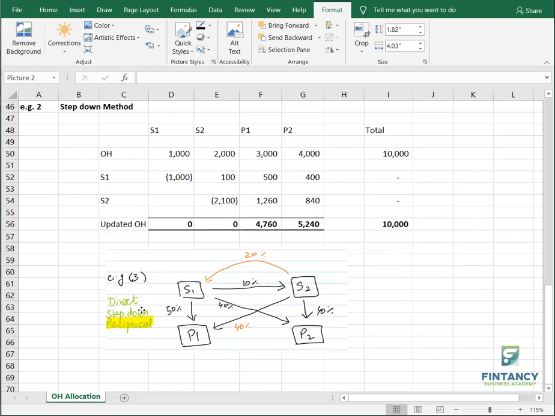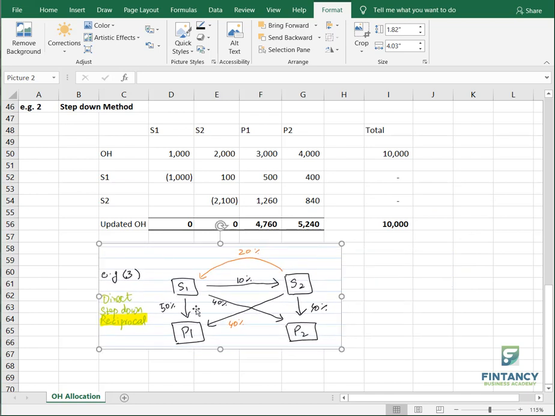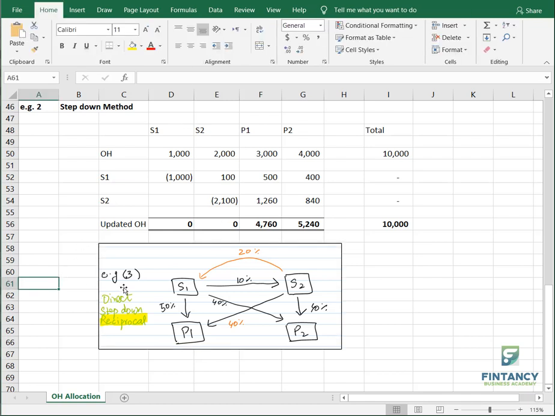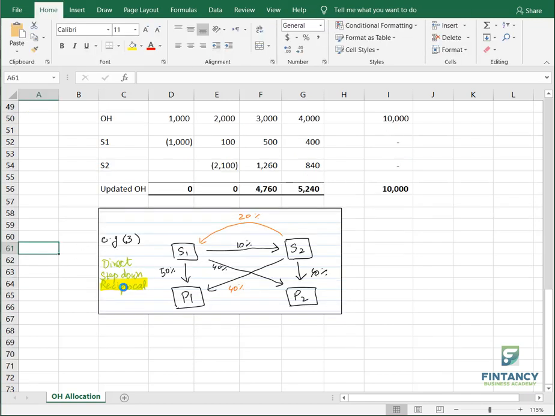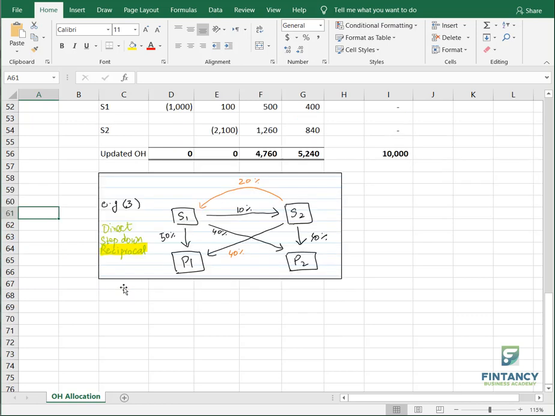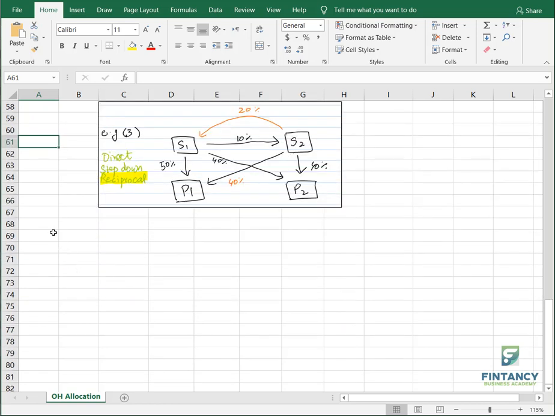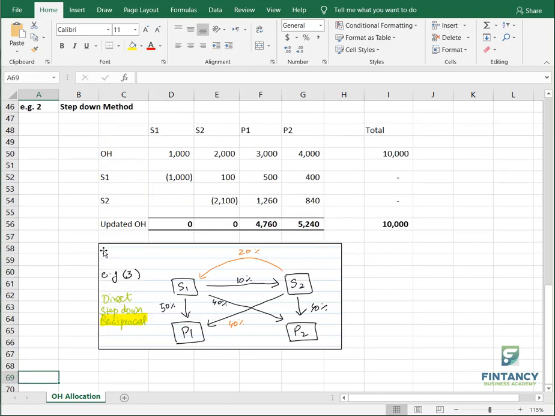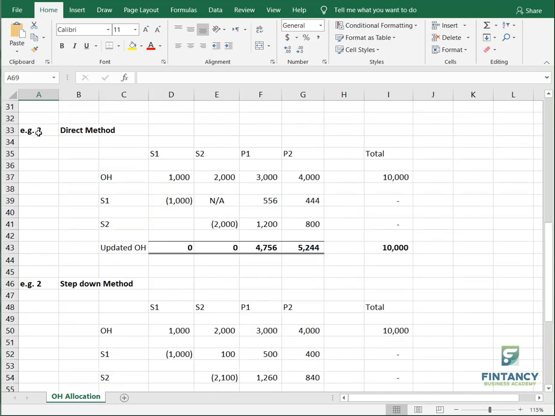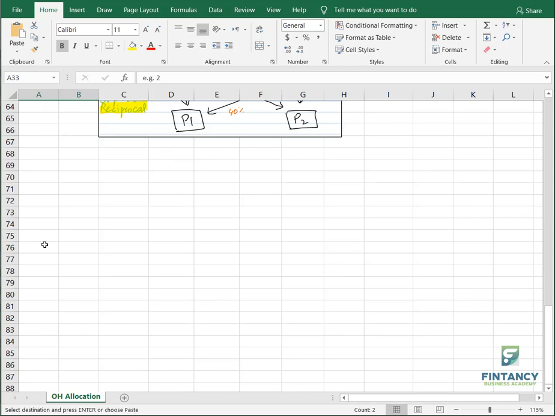So just write okay if it's clear with you, these figures. So we are doing example number 3 now. And example number 3 we will do with all three methods. Okay. So first of all we will do the direct method.